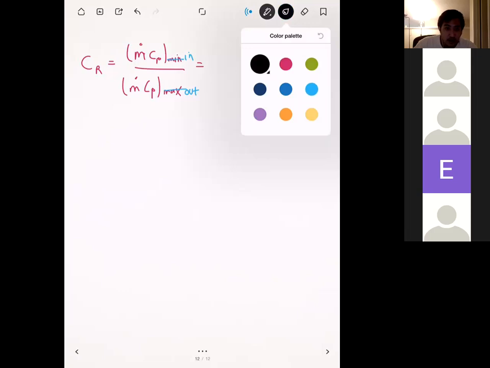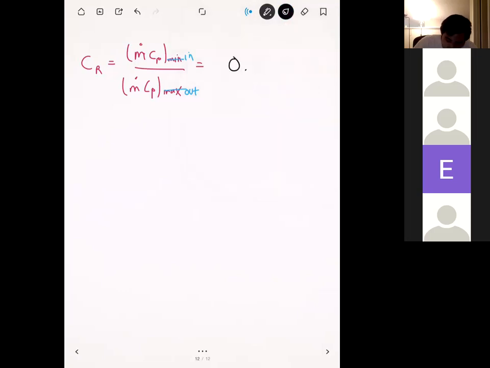And so we plug that in, and what we get is a CR of 0.758. Okay. All right. And so now that we know m dot CP min and also CR, we need to compute NTU max.